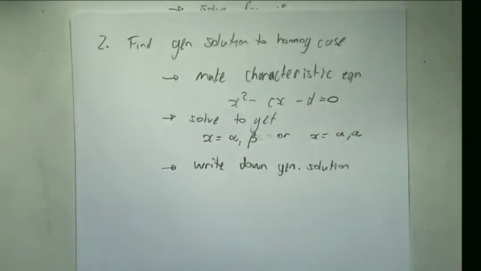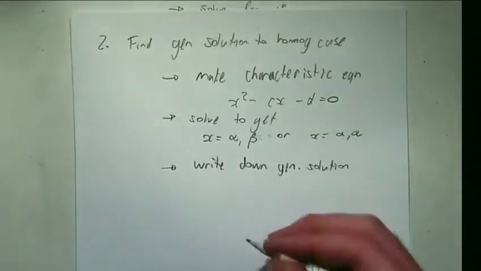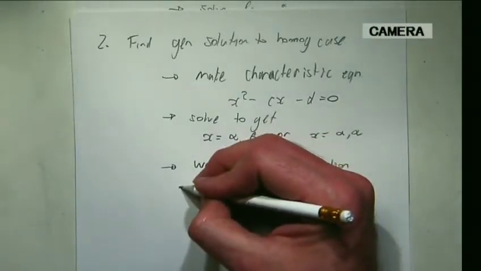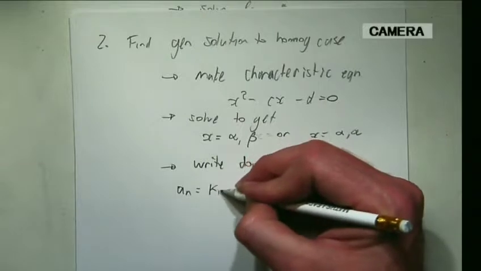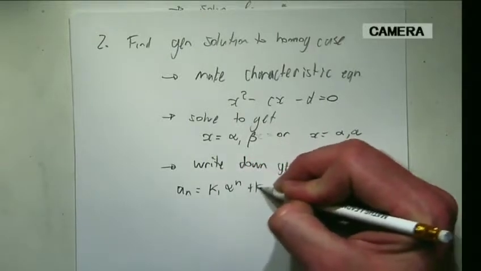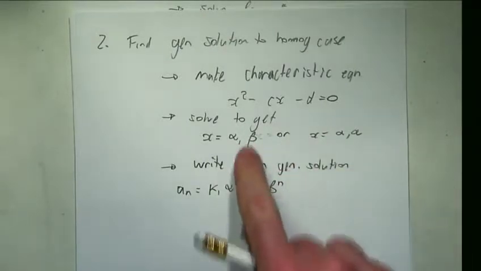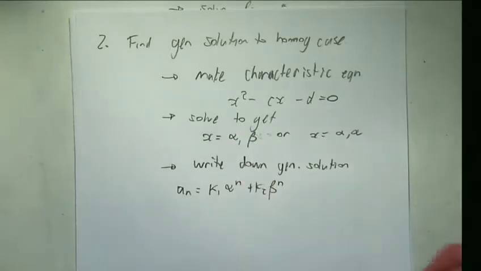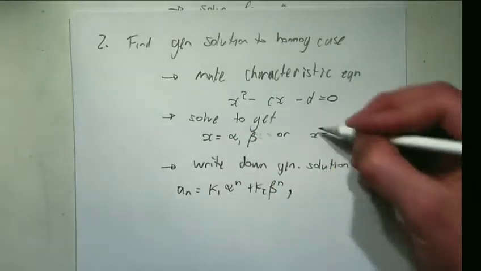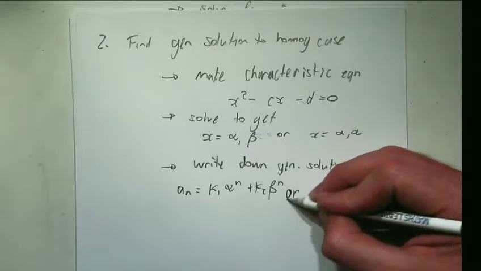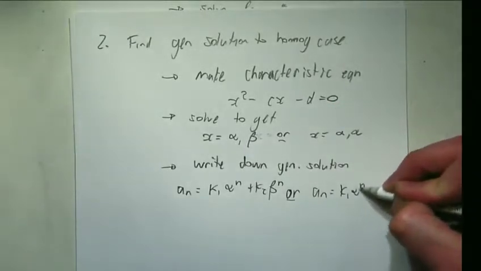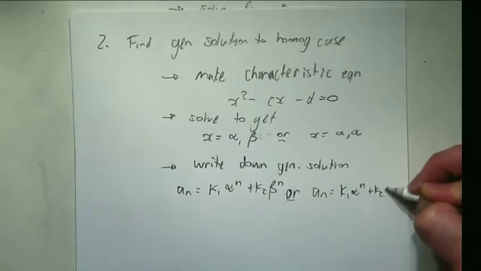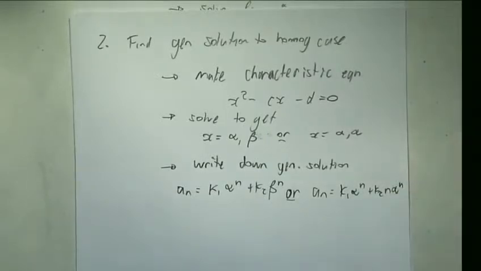So you write down your general solution, and your general solution is either A_N equals, that's this one here, or in this case you get A_N equals K1 alpha to the N and N alpha to the N.